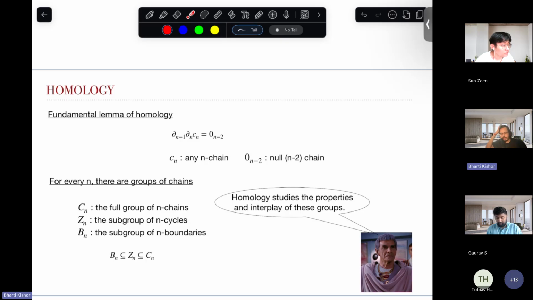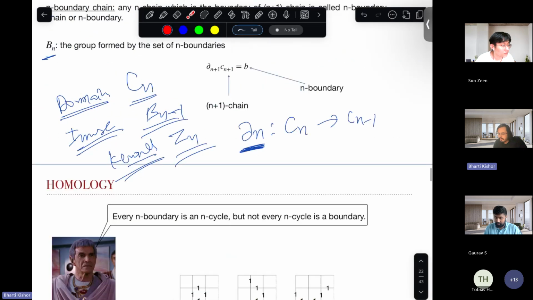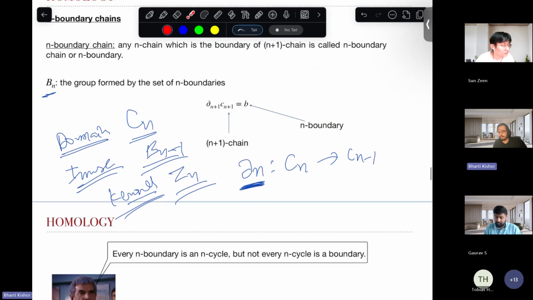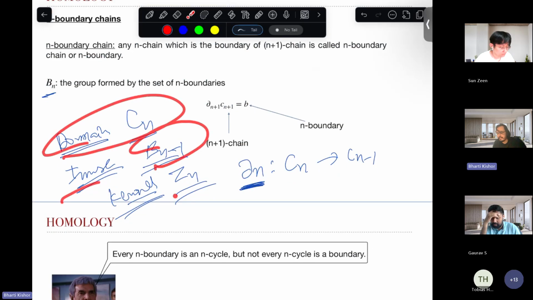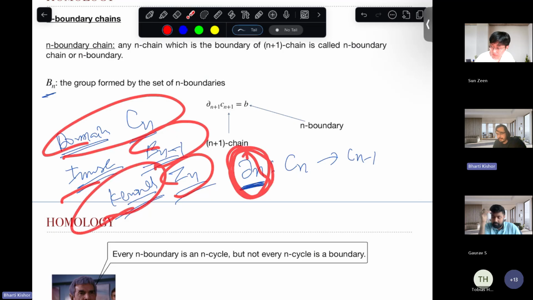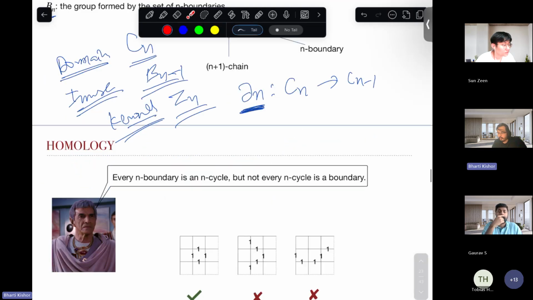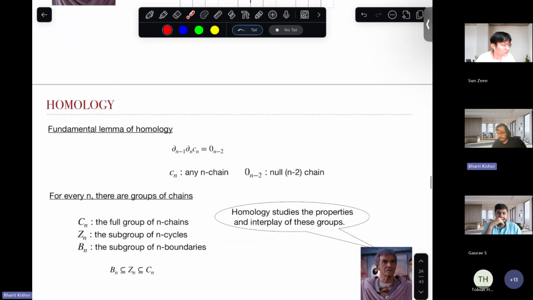I hope you can see that. And all of them are related through this boundary operator. Basically, Cn is the domain, Bn minus 1 is the image, and Zn is the kernel. So by looking at the domain, image, and kernel of this operator, we are getting three groups, and the groups have this relation.